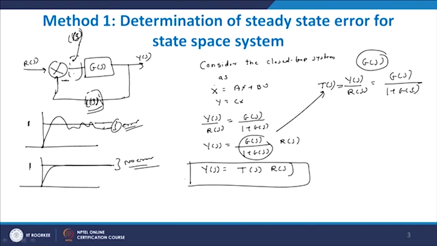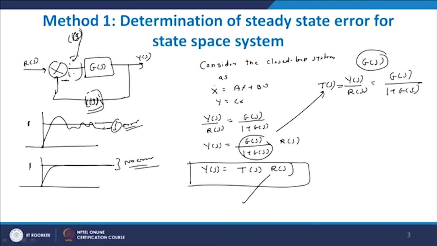Now, our purpose is to get the steady state error, that is, to get E(s). So, how do we write this E(s)? E(s) equals the reference input R(s) minus Y(s), and Y(s) we have already calculated.